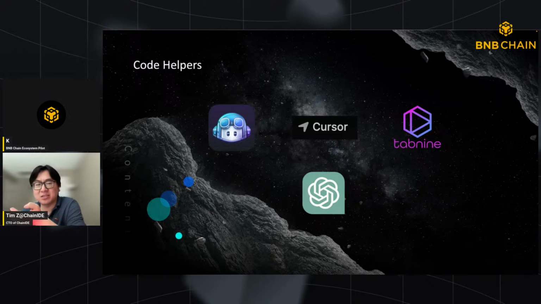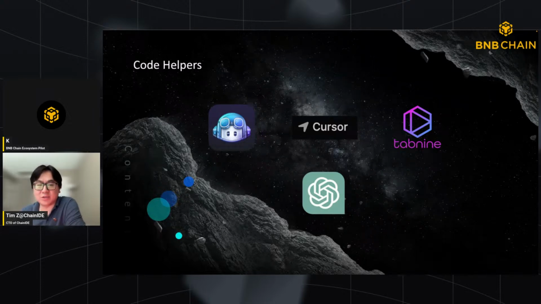Tabnine is a very interesting example, because it was in this area for quite a long time and originally wasn't powered by a large language model, but recently they have been trying to adopt this technology in their existing database.